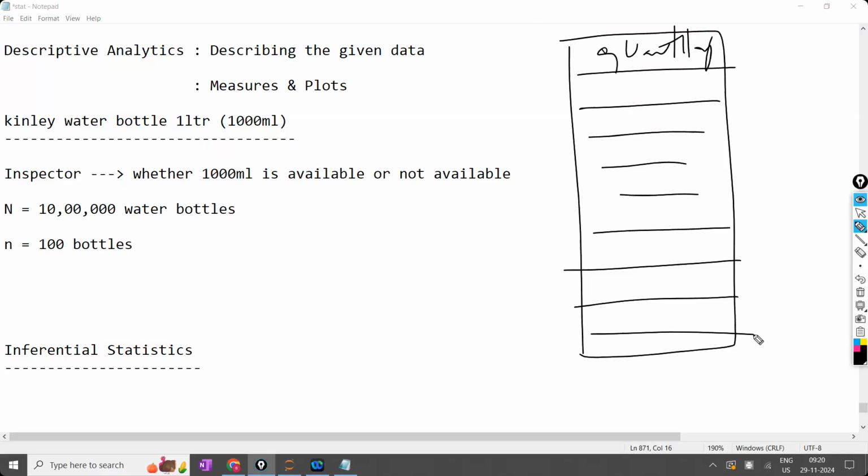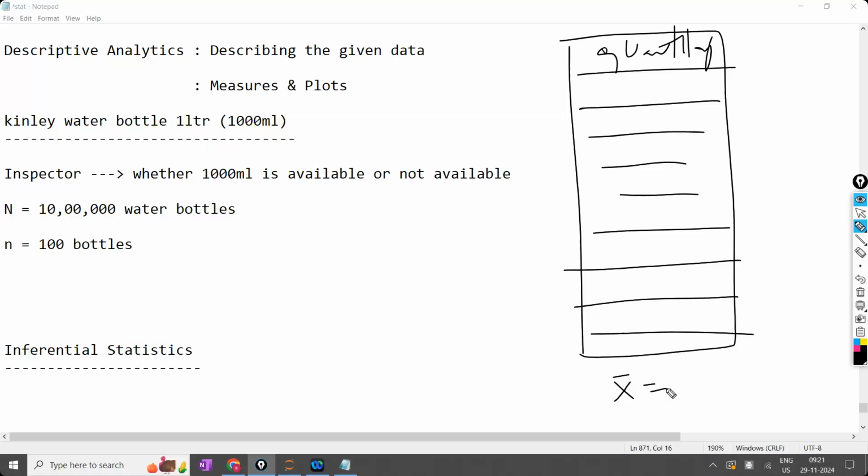Now based on these 100 rows, first we are going to calculate the mean for the 100 bottles. What is the mean calculated on the 100 bottles, miss? The sample mean. Now this sample mean has some value. What about the remaining bottles? A total of 10 lakh bottles are there, so the remaining 9,99,900 bottles. How are you going to calculate them?